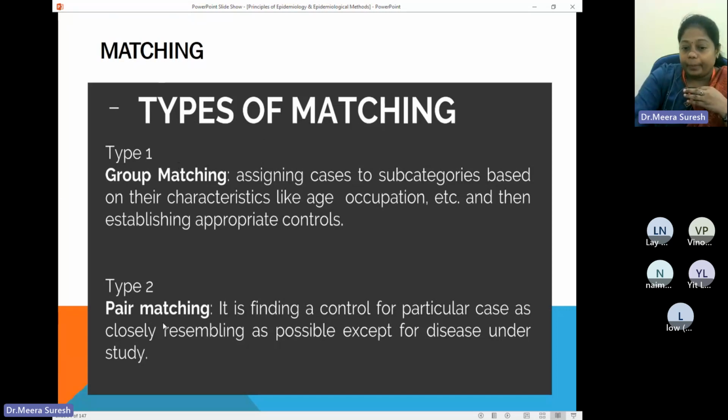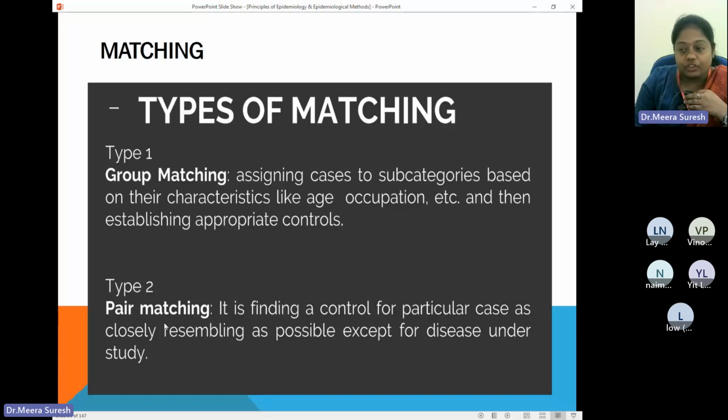Or we can go for pair matching. Pair matching will be one to one. Here we won't be grouping. For example, in one of your studies, suppose, God forbid, I'm having lung cancer. So you are going to select a person in the control, a person who is of Indian ethnicity, of the same age group as mine, a female, like that.